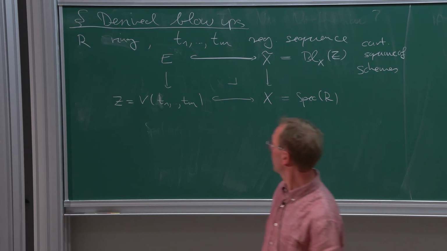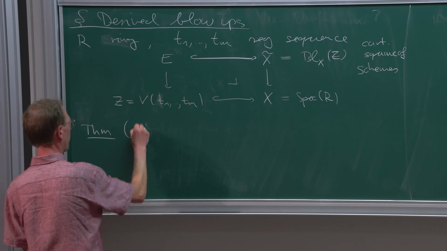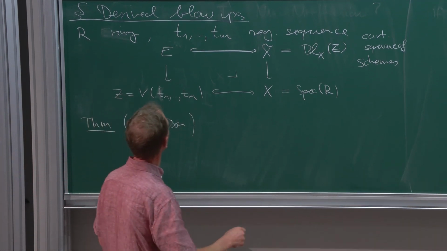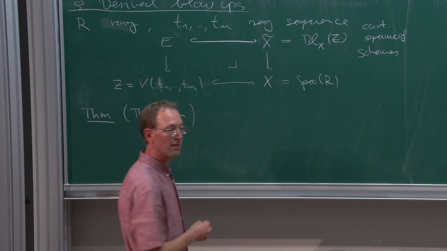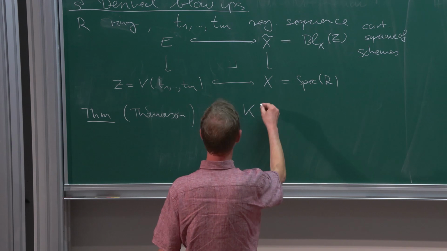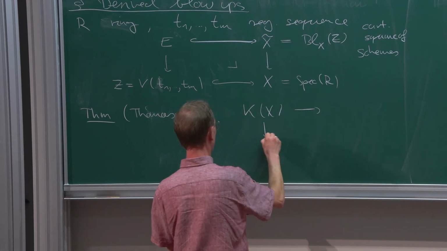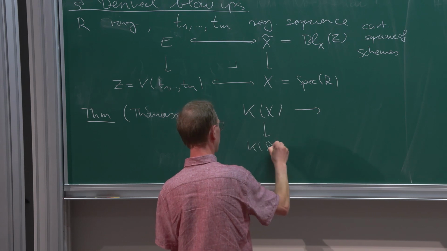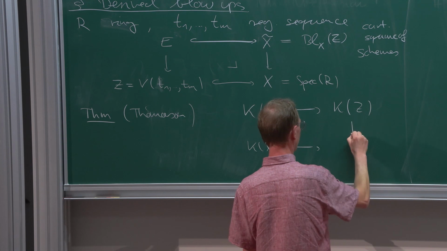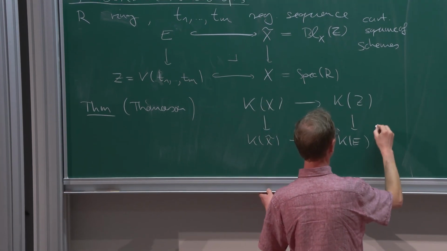Okay, and then the theorem of Thomason is that the square here gives a pullback square on K-theory or any localizing invariant. I mean, he formulated it for K-theory, but the proof works in general: K of X tilde, K of Z, and K of E. This is Cartesian.